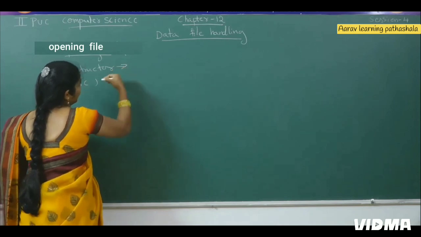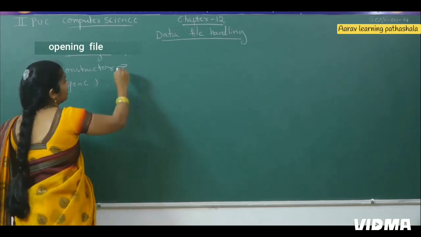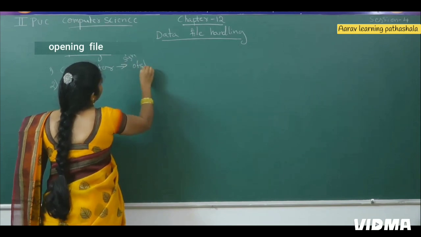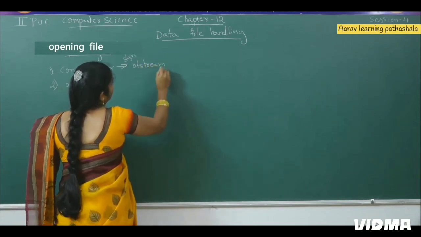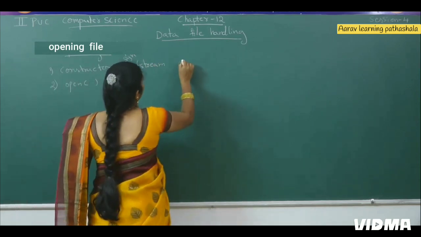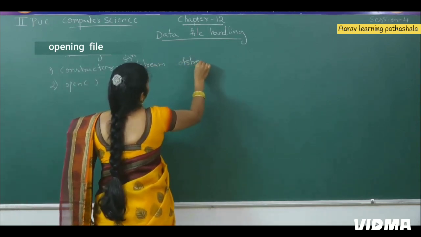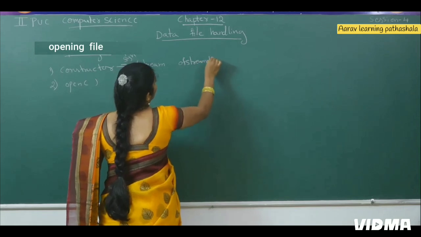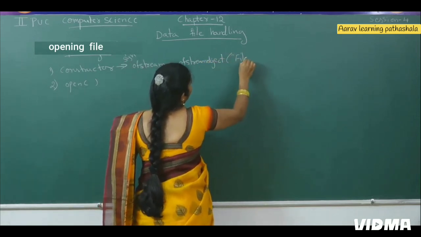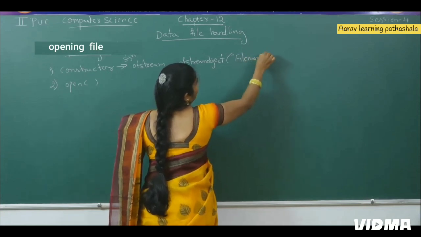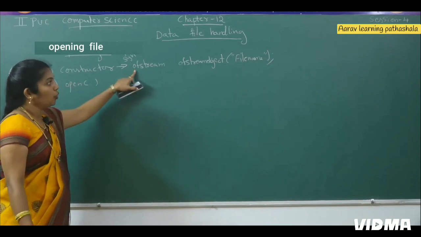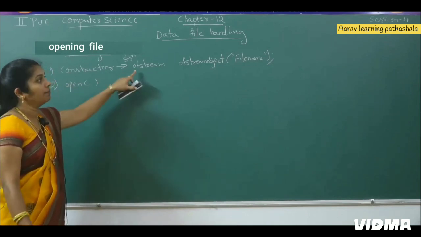In the constructor method, we explained the syntax in the previous session. In the syntax, ofstream, object, and inside the brackets the file name to write, to open a file for output purpose.